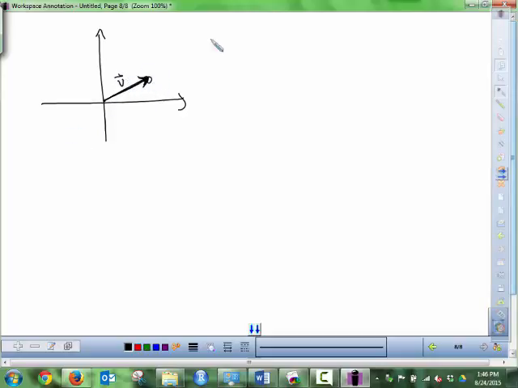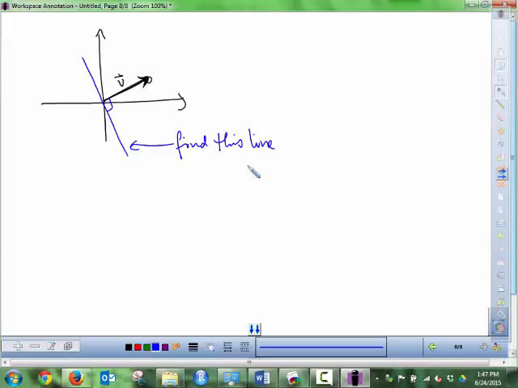And instead of a line going along the same line as a vector, what if I wanted to find a line that's perpendicular to that vector? So we just learned about the dot product, right? And the dot product of two vectors that are perpendicular is equal to 0.